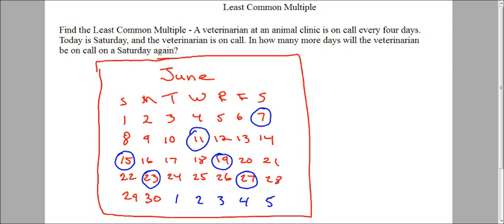So here we see 1, 2, 3. He's on call. 1, 2, 3. So he'll be on call again July 5th. Okay.